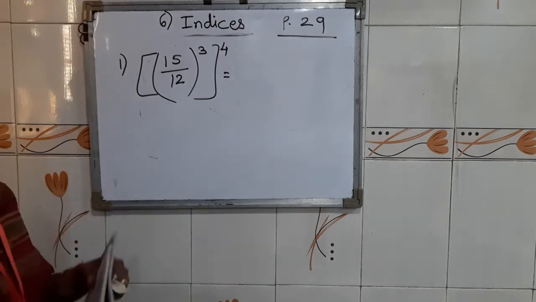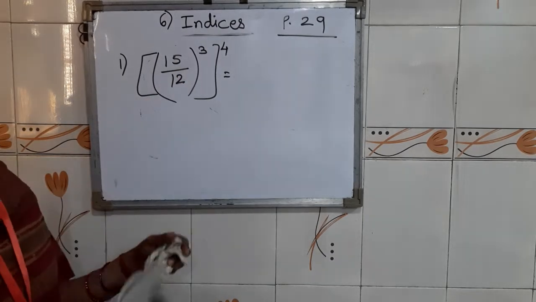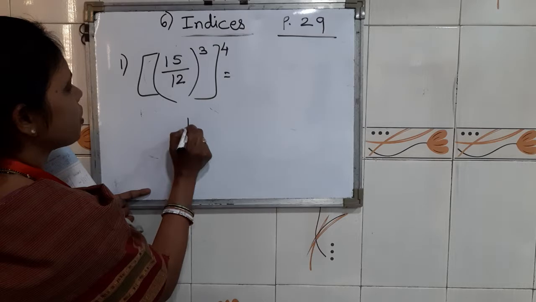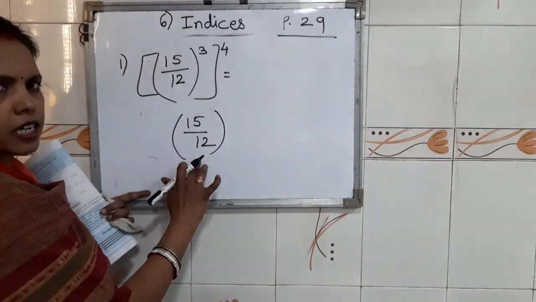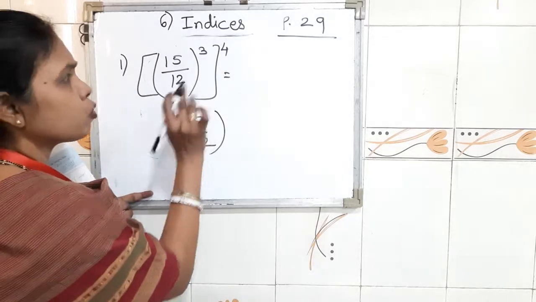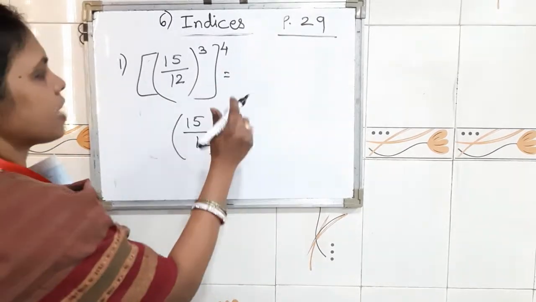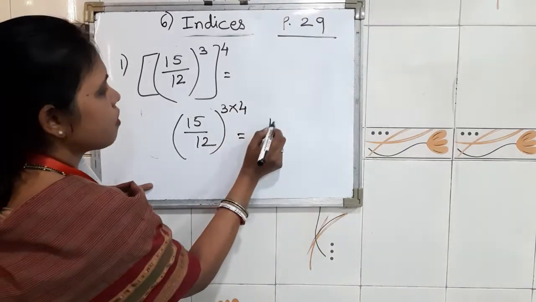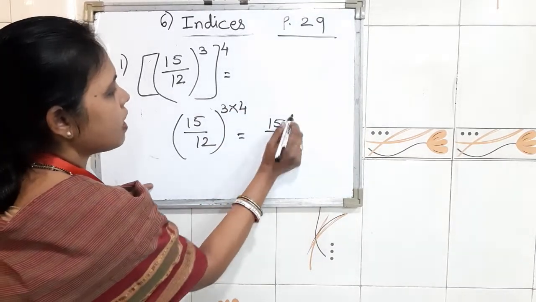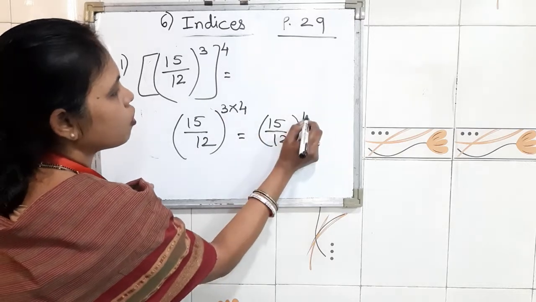What will we do? We write the base as it is, that is 15 upon 12. Now the two indices we see, 3 and 4, we will multiply, that is 3 into 4, 12.